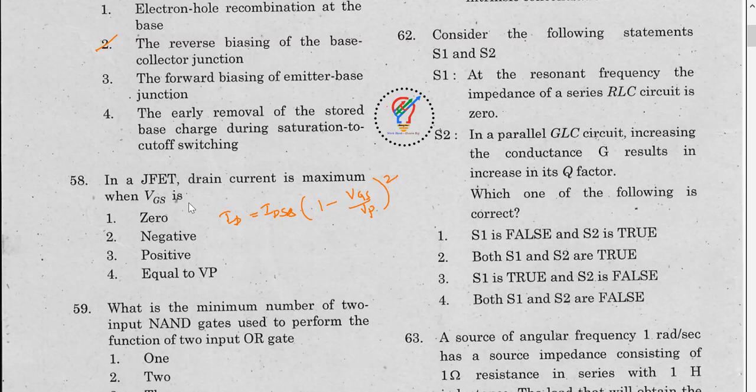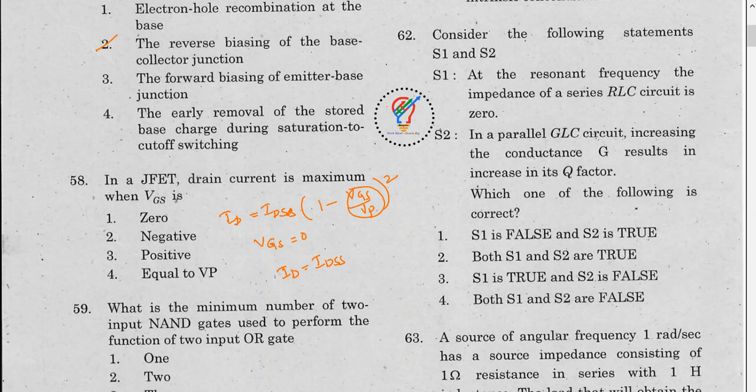Now to get the drain current to the maximum value, observe the formula. When you make VGS, the gate to source voltage, 0, then automatically this entire term becomes 0. So 1 square will be 1 only. So ID becomes nothing but IDSS, the saturation current, the maximum value.